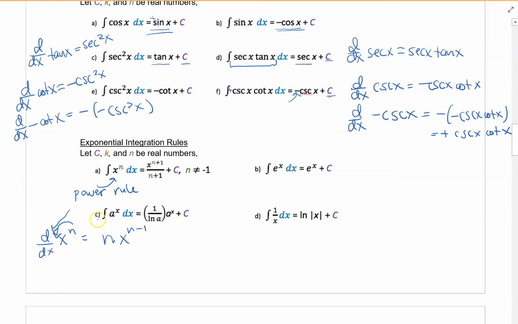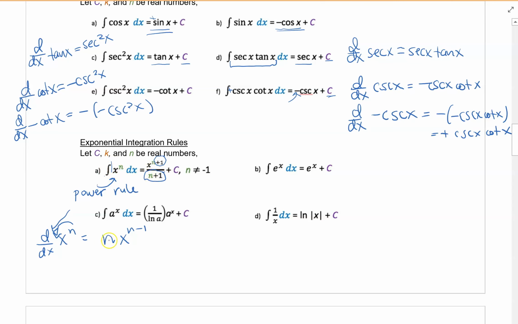So if I'm going to reverse that, I'm going to need to add that 1 back to the power to go backwards, right? And I'm going to need to cancel out whatever this number was here. So I need to divide it out, because if this is just 1x to the n, and this is the derivative of a power function specifically, then that means that I must have multiplied something to this. So that's why I need to add a denominator to cancel it out, basically.